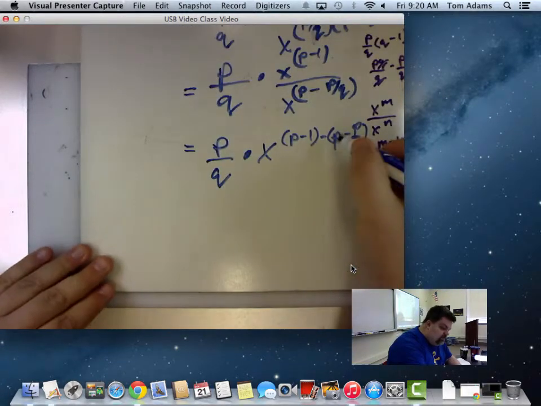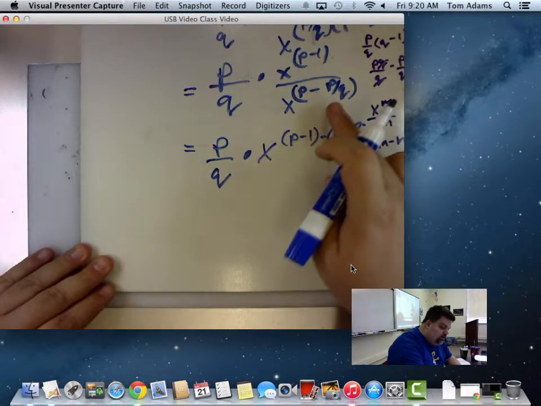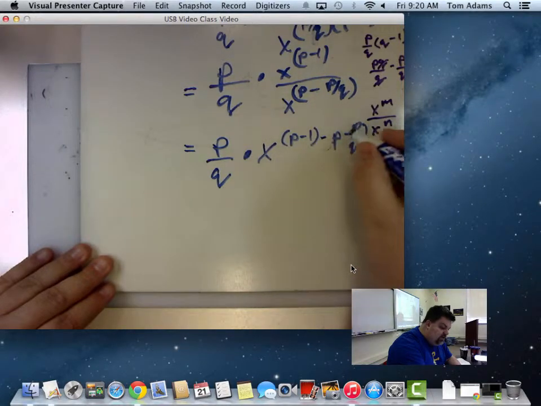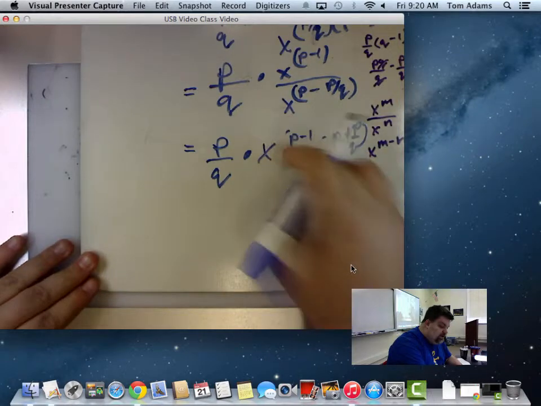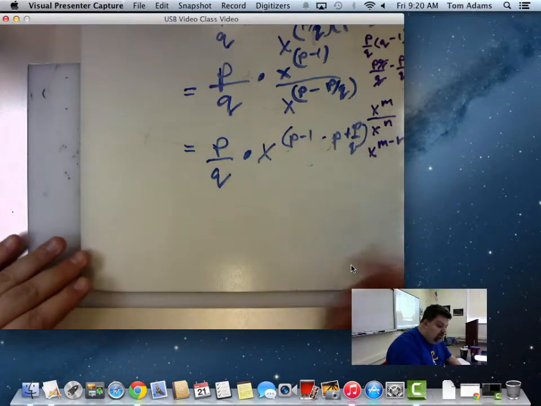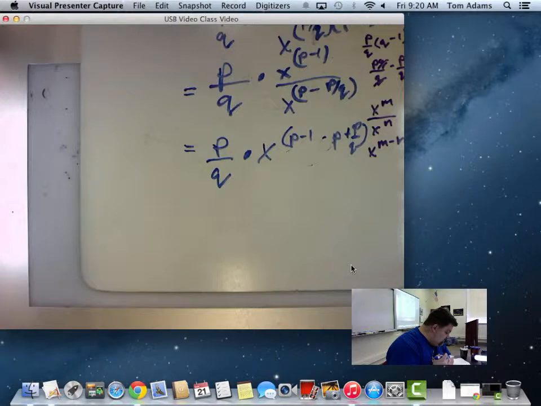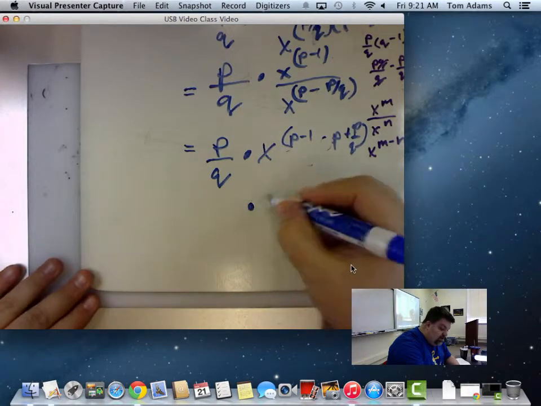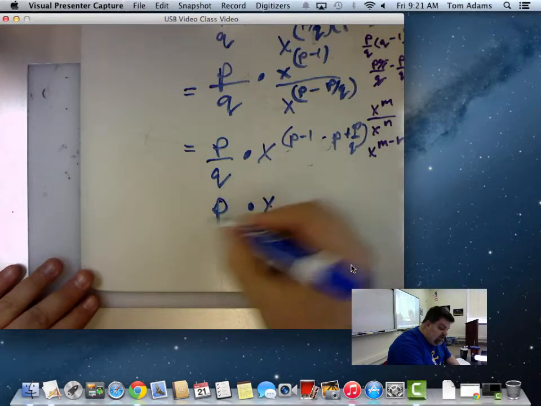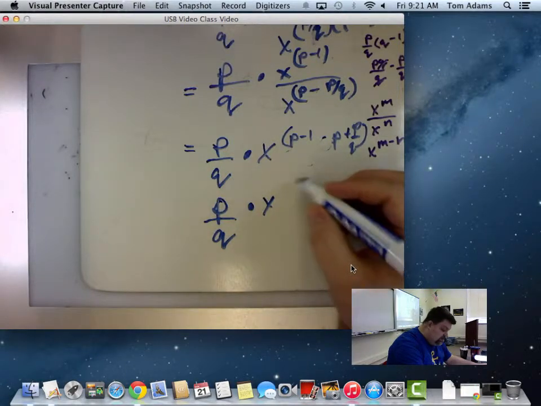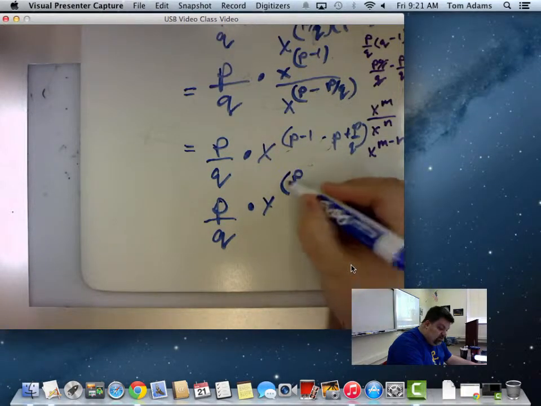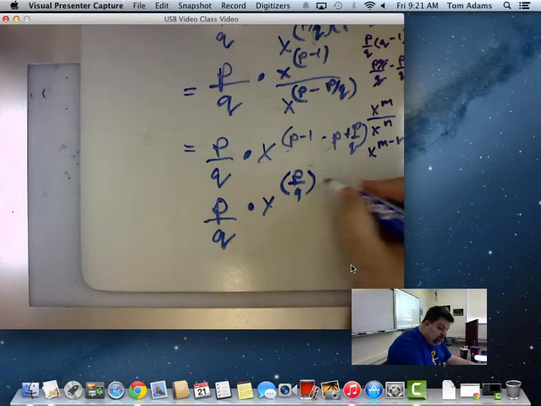What happens when I distribute the negative through, this becomes negative p over q, and this becomes positive p. If I add them up and factor out, what I end up with is p over q multiplied by x raised to the p over q minus 1.